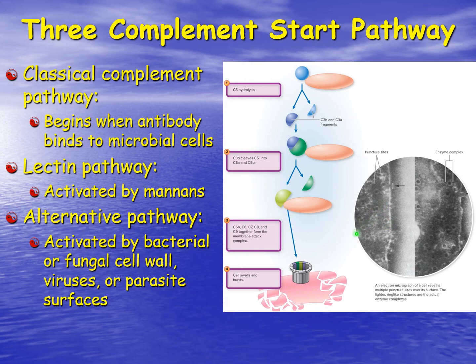Well, when we punch holes in cell membranes, the cell contents are going to leak out and that cell is going to die. Some of the other complements will coat foreign substances to increase the chance of phagocytosis. This is the process known as opsonization. And some actually just stimulate further mast cells to undergo degranulation and release more of the inflammatory chemical mediators.